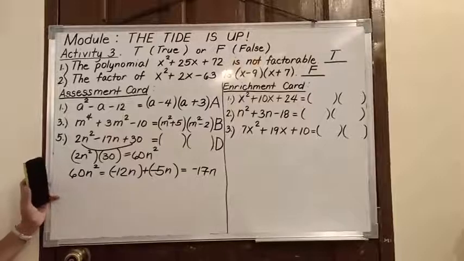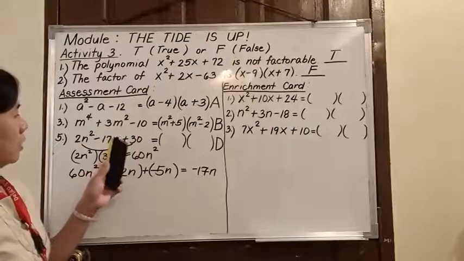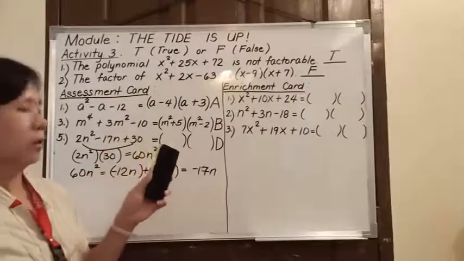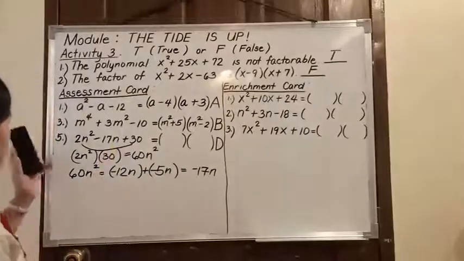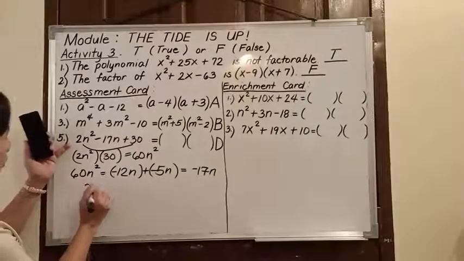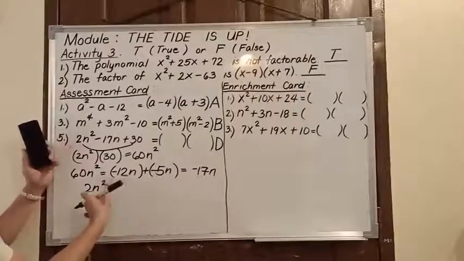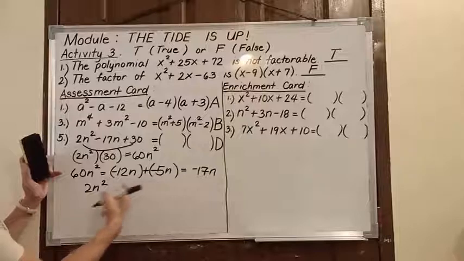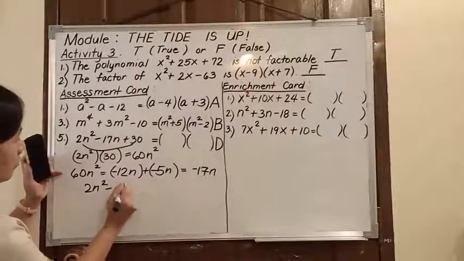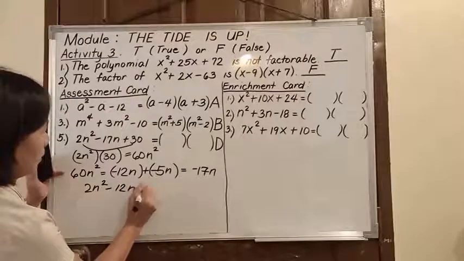So, we will now rewrite this into a 4-term expression. So, you retain the first term, 2n squared. Then you copy the two factors, negative 12n and negative 5n.